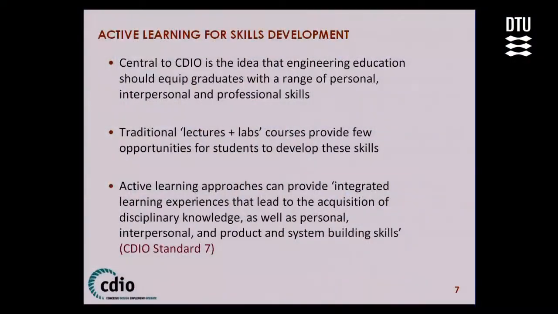So active learning approaches try to integrate the learning experiences so that we get the discipline knowledge and the professional skills, personal skills, all in the one. And that's really the sort of CDIO Standard 7 that was being talked about previously.